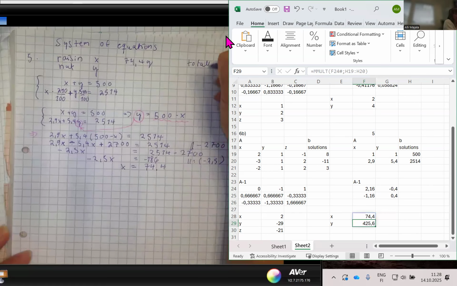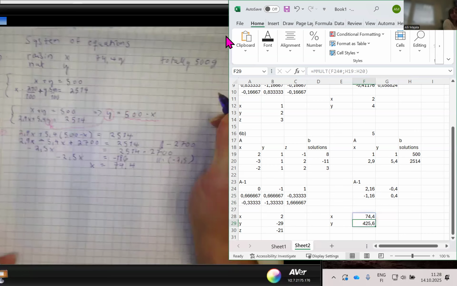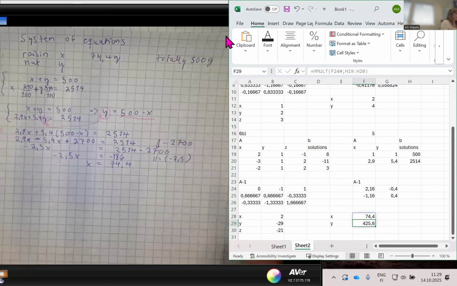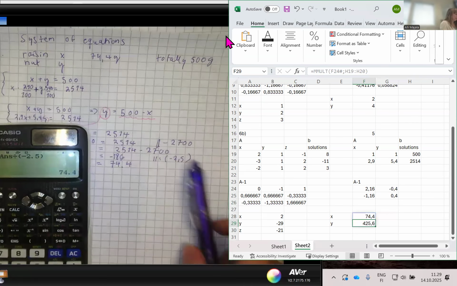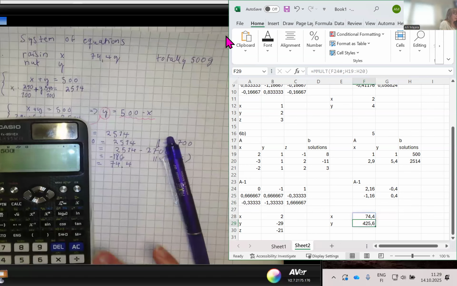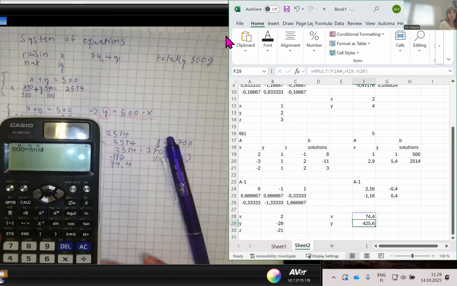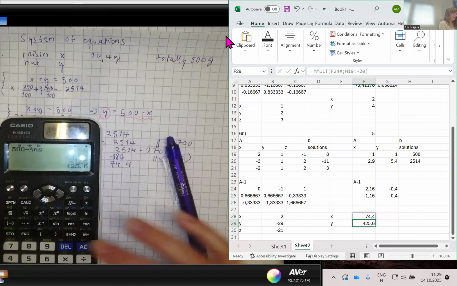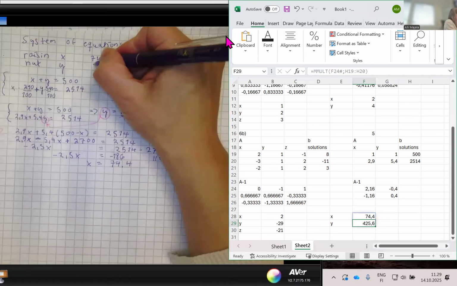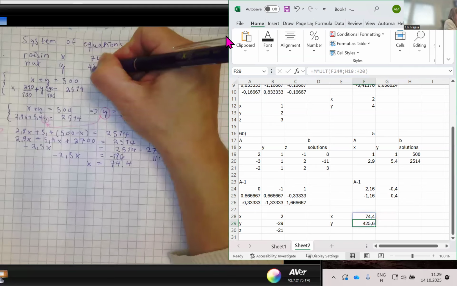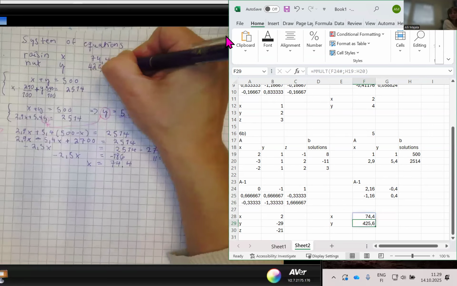So then the nut is, of course, totally I had 500 grams. So then this would be 500 minus the one that I got, to 5.6.